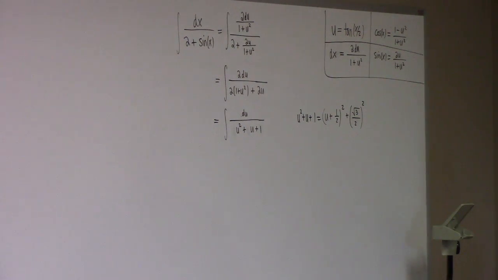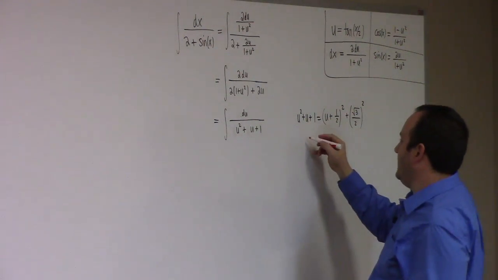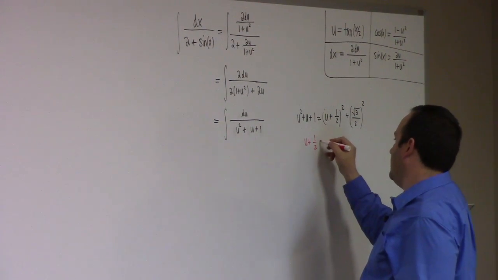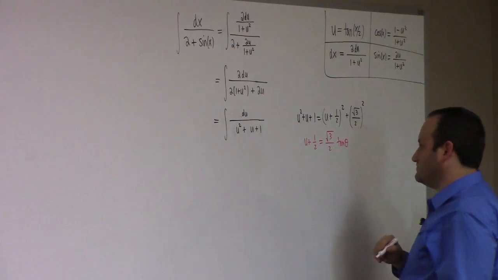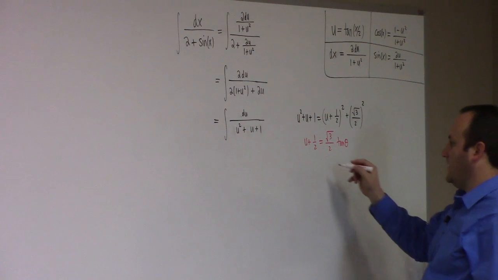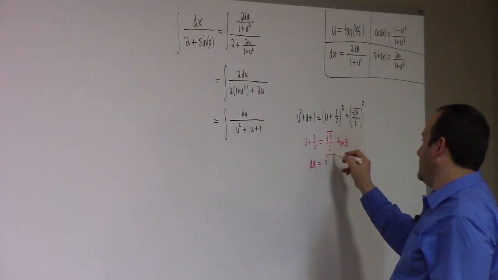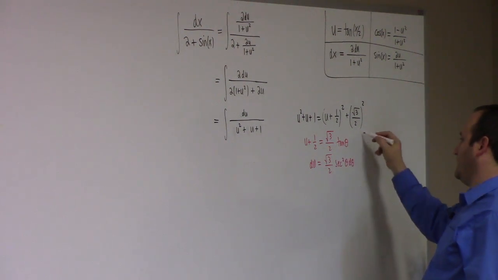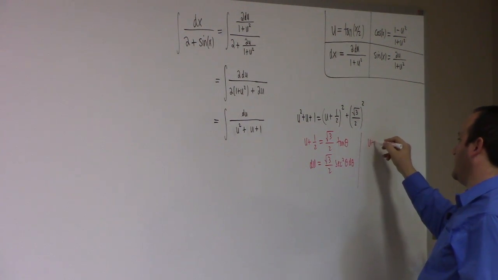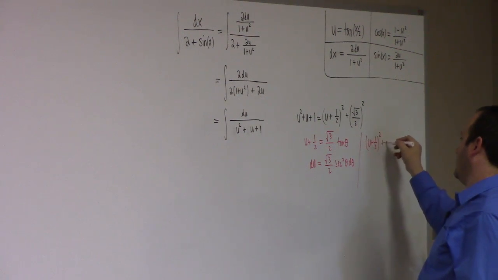There. This suggests a trigonometric substitution by tangent theta. We make a u plus 1/2 equals square root 3 over 2 tangent theta substitution here. So that gives me things like du is square root 3 over 2 secant squared theta d theta. Right? And it also gives me what? The whole point of doing this was that u plus 1/2 squared plus square root 3 over 2 squared gives me what?